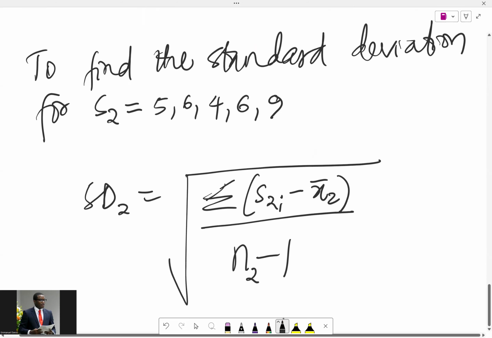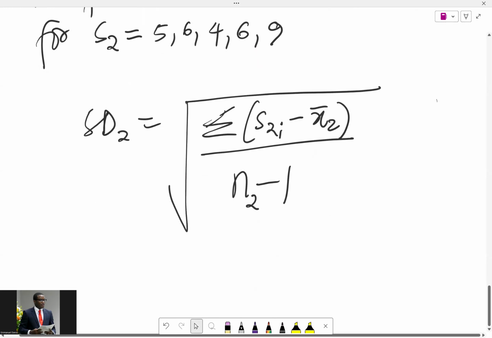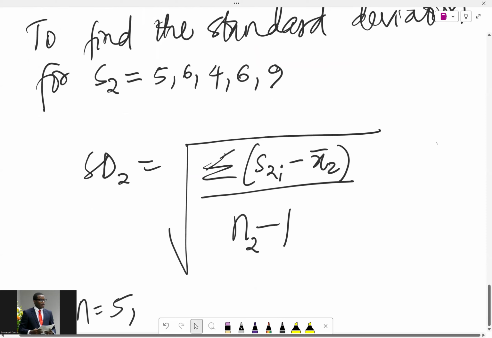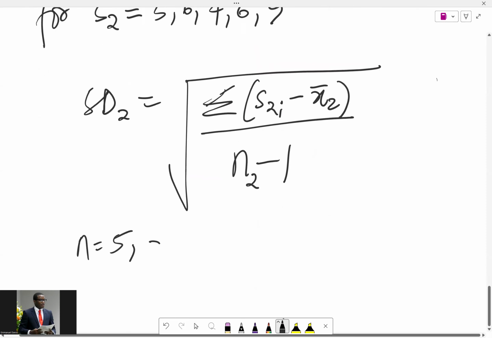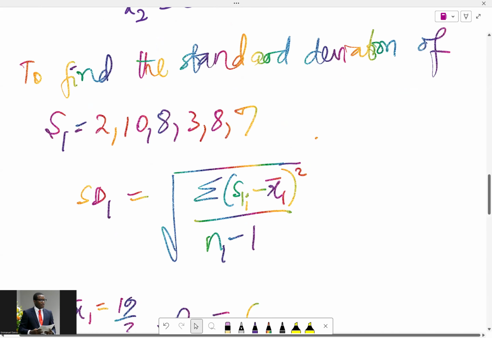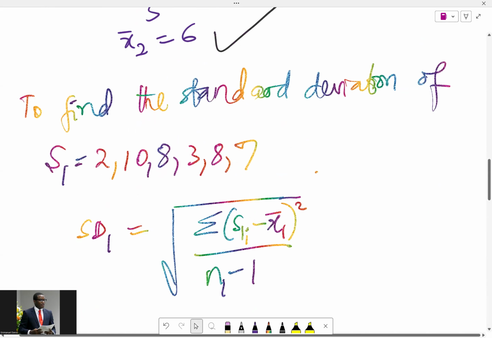So here that will be n2 minus 1. And of course, n2 is 5 in this case because there are 5 numbers: 5, 6, 4, 6, 9. And we already have X2 bar to be 6. Yes, X2 bar is 6.